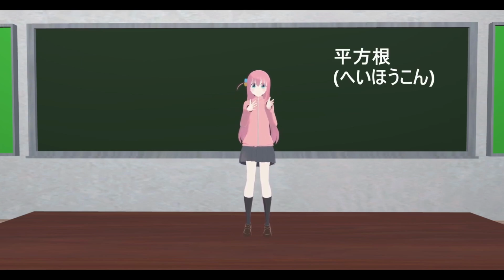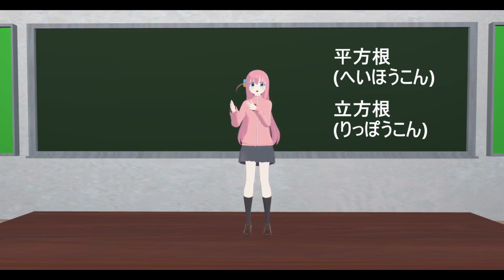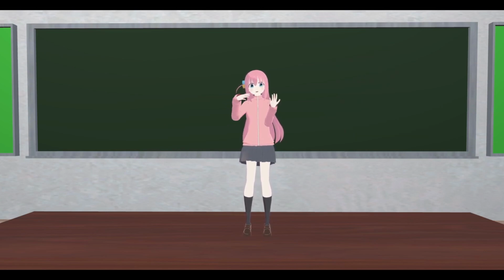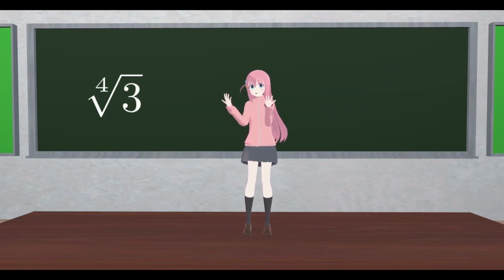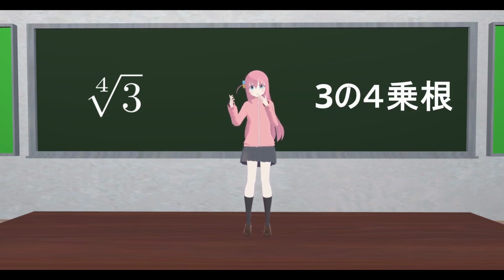Those are 平方根 and 立方根, where 根 also means root, like the root of a plant. And in general, the nth root of something is n乗根. So, for example, the 4th root of 3, just to come up with a number on the spot, is 3の4乗根. That's the 4th root of 3.